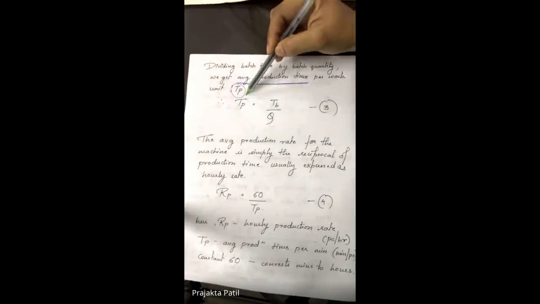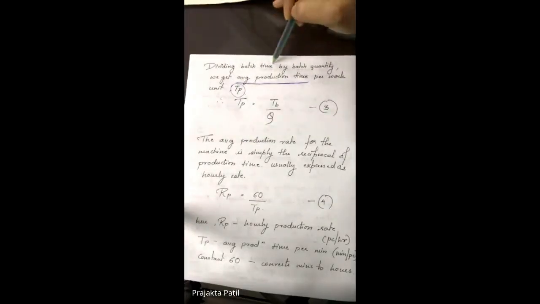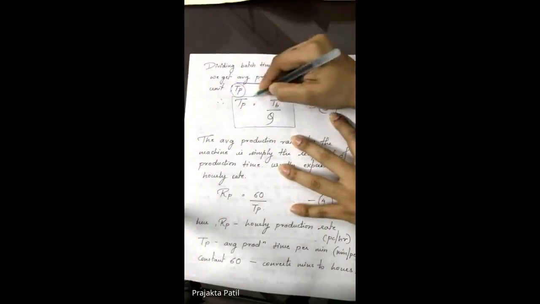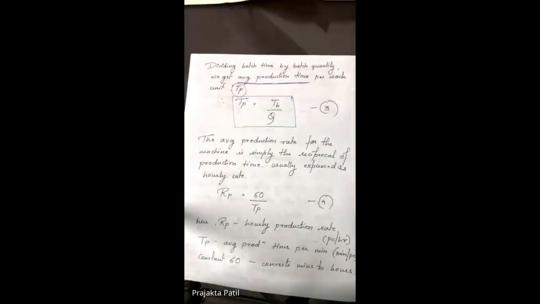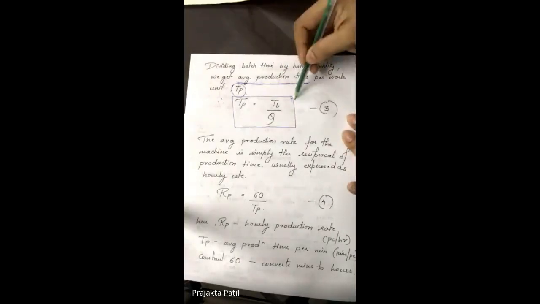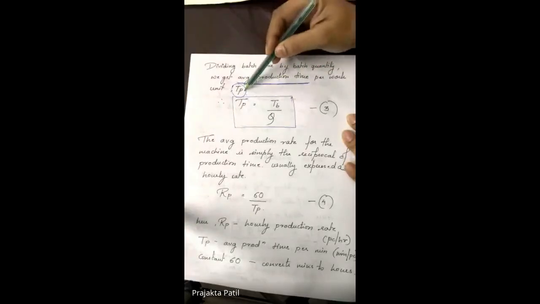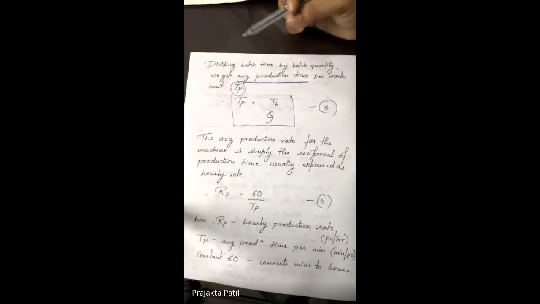In order to get TP, you have to divide the batch time by the batch quantity. So here is the third equation, where the average production time TP is given by TB by Q. So this is the average production time per work unit.